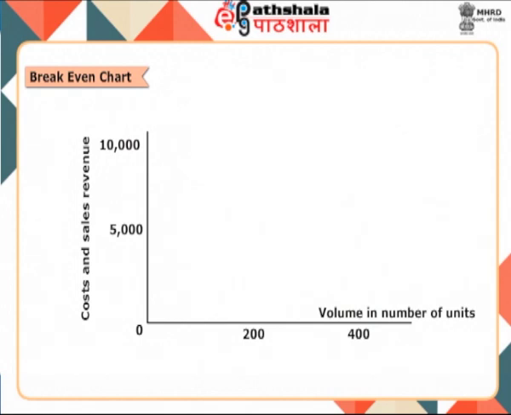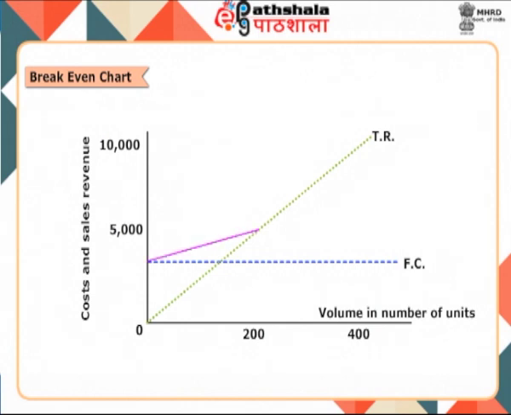A parallel line to the volume axis, that is the horizontal axis, is drawn to represent the fixed cost. Draw a total sales line starting at the origin and increasing at the rate of selling price per unit. Draw a line that starts at the level of fixed cost on the vertical axis and increases at the rate of variable cost per unit.